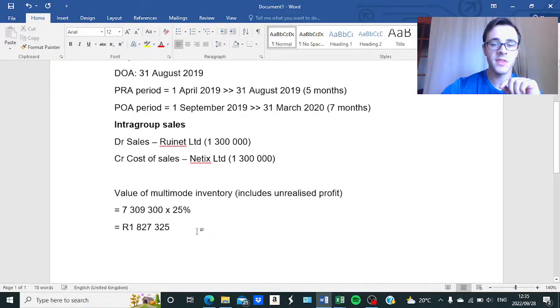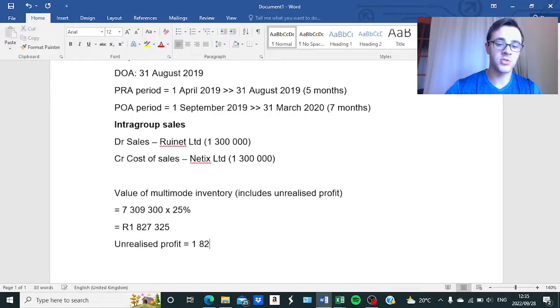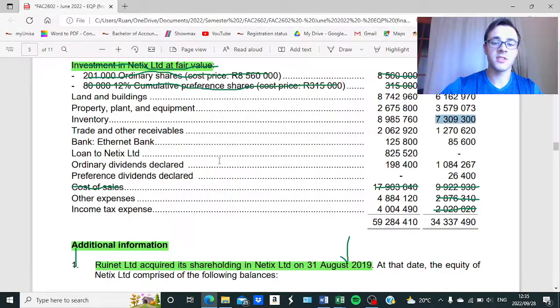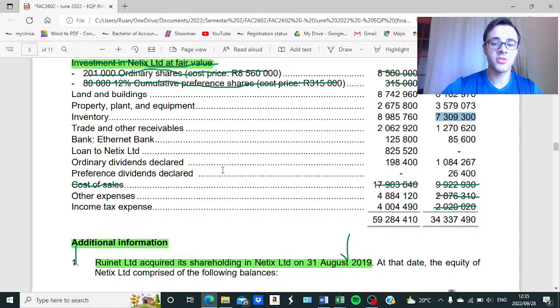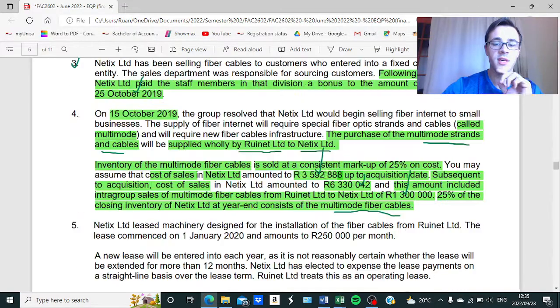So this is the value of the inventory for Netix Limited that includes the unrealized profit. Therefore, the unrealized profit will be equal to 1,827,325, and then we multiply that by 25 over 125, because according to the information in point 4, the multi-mode fiber cables are sold at a consistent markup of 25% on cost.